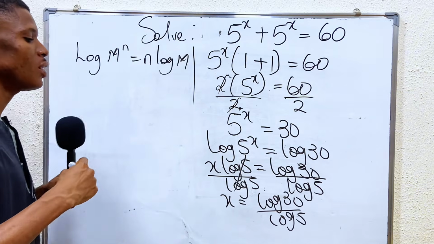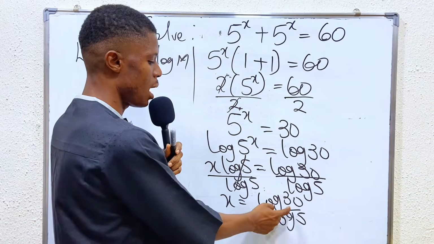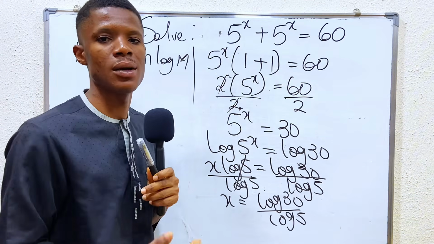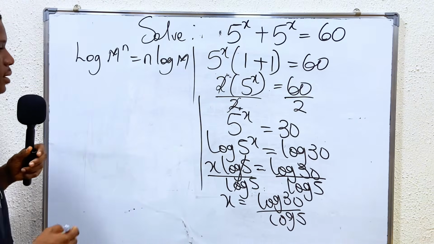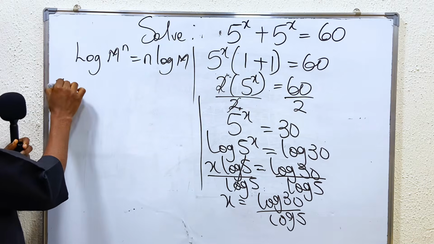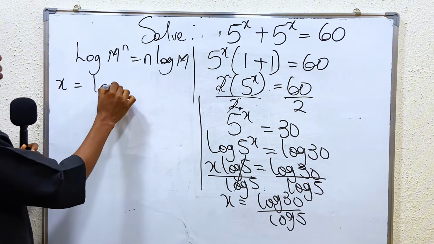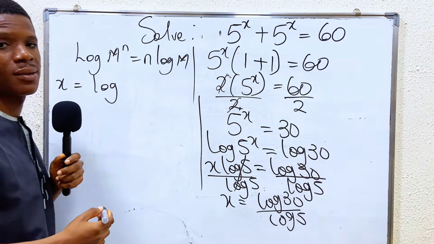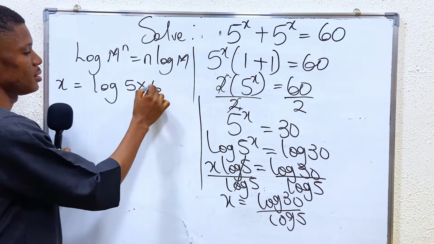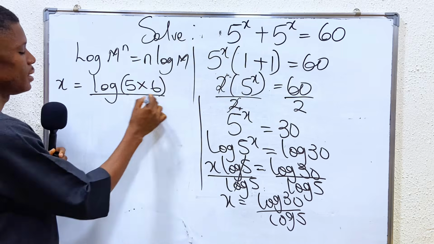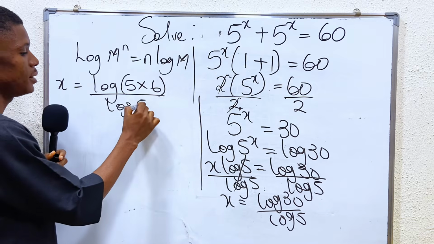Remember that log 30 can be broken down as 5 times 6, right? So we have x equals log of 5 times 6, then divided by log 5, right?